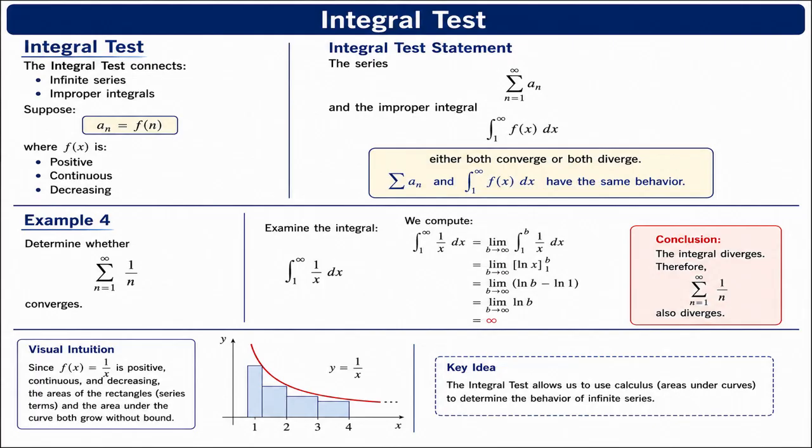In example 4, instead of studying the series directly, we examine the improper integral from 1 to infinity of 1 over x dx. After solving this integral, you see that the logarithm grows without bound.